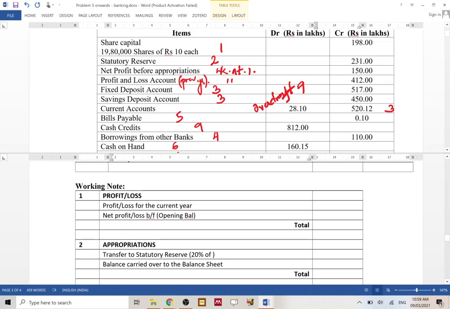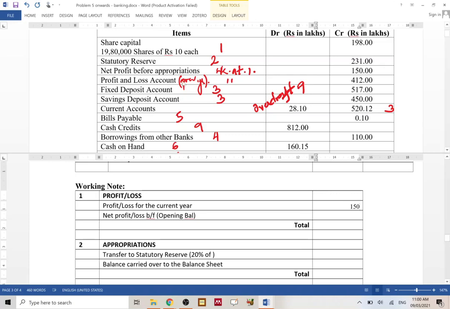We have to show this one part of the profit and loss as to how we have arrived at the total profit and loss figure. Okay, so like it said in the problem, profit and loss for the current year is here, net profit before appropriations, which is 150. I'll write it here.